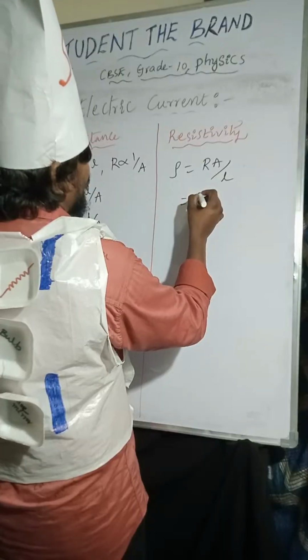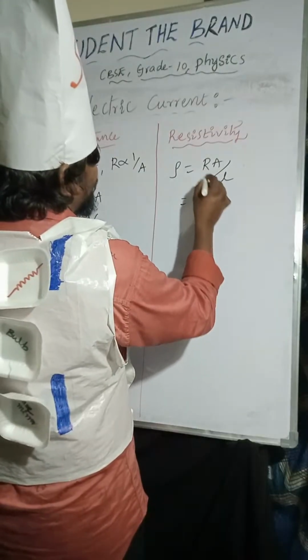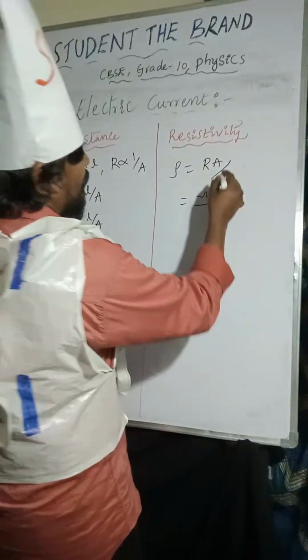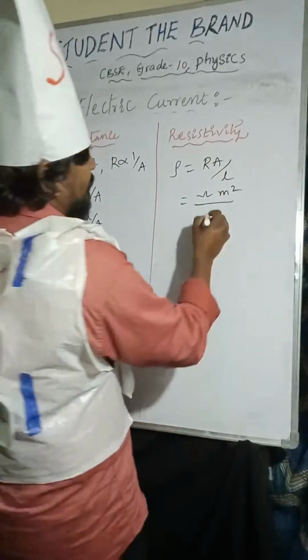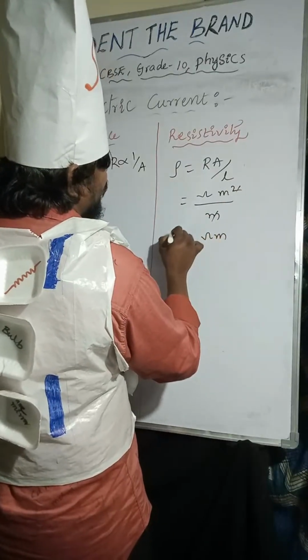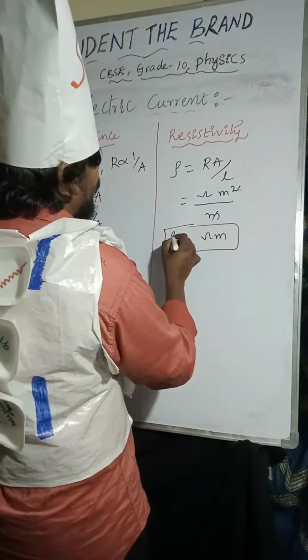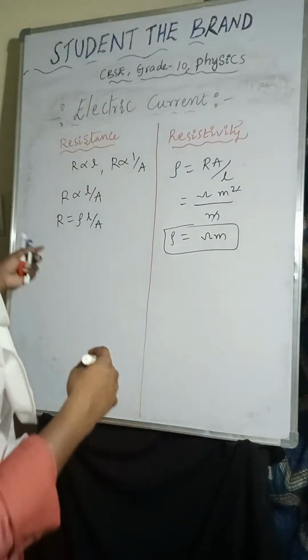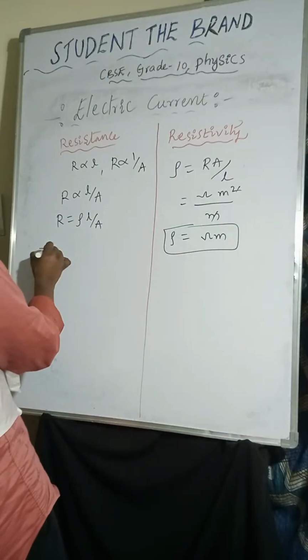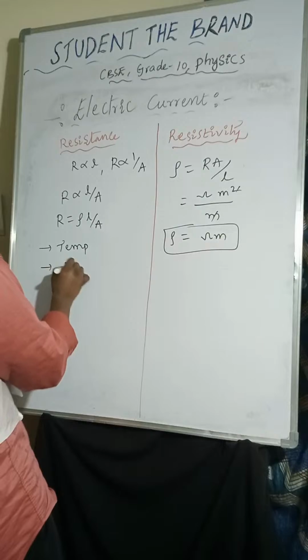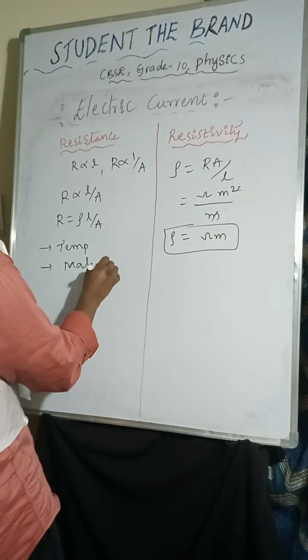Here you can observe the SI unit of resistance is ohm, the SI unit of area is meter square, and the SI unit of length is meter. So meter gets cancelled, giving ohm meter. So the unit of resistivity is ohm meter. Resistance depends on temperature and on the material of the conductor.